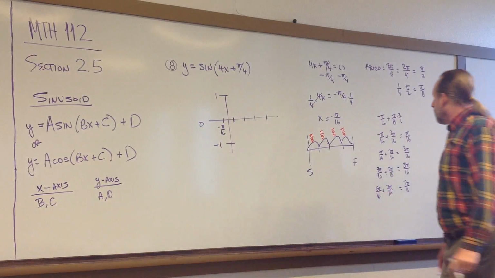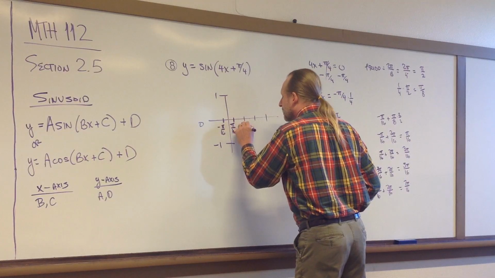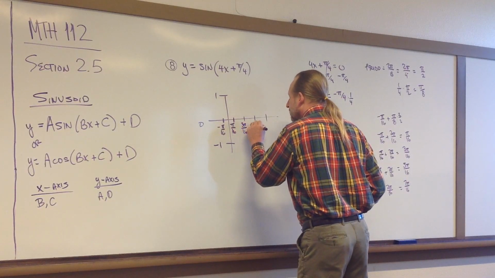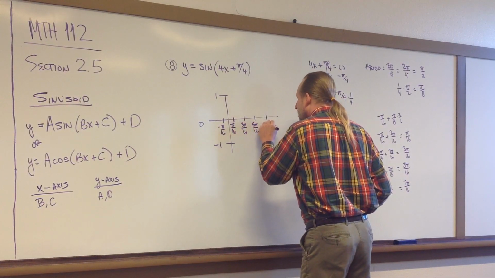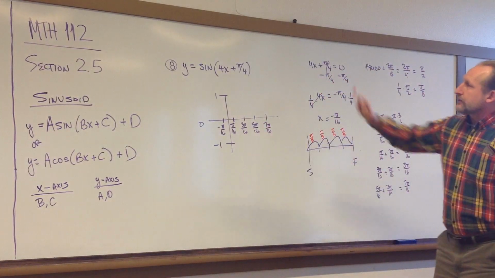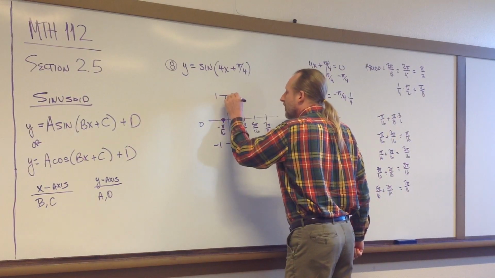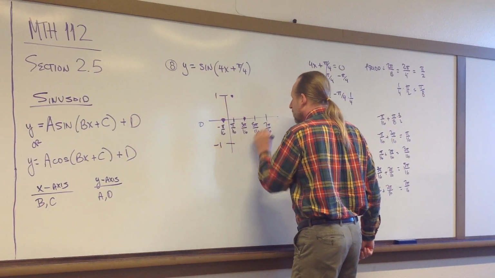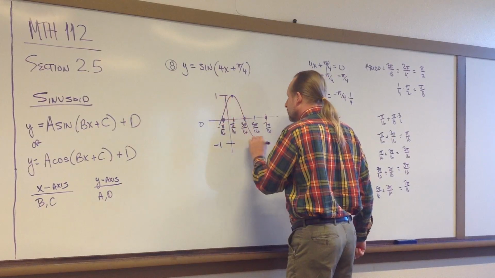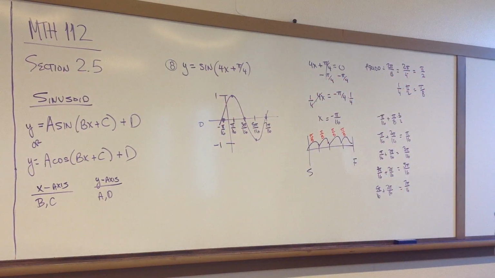Okay, so negative pi over 16, positive pi over 16, 3 pi over 16, 5 pi over 16, and we end at 7 pi over 16. It's a positive sine graph, so we start at 0, maximum, 0, minimum, and 0. All right, so that's problem 8.